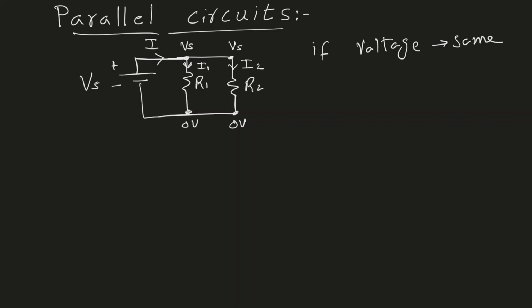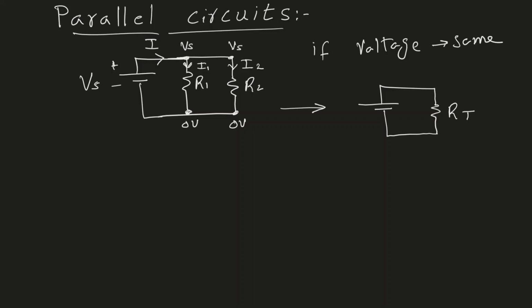To be able to solve this circuit, we will create an equivalent circuit for this circuit. And by that we mean that we want to draw the circuit in this way, where R equivalent or R total represents the parallel combination of R1 and R2.